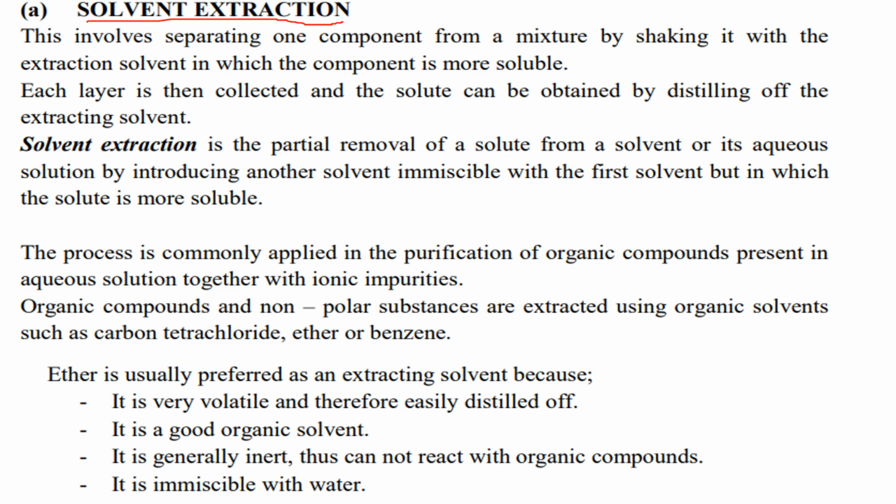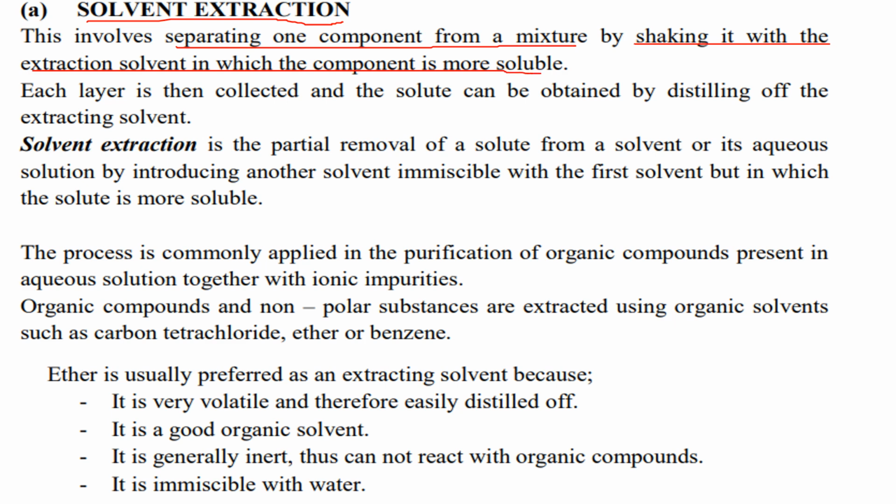Solvent extraction is a process that involves separating one component from a mixture, and we do that by shaking it with the extraction solvent in which the component is more soluble.